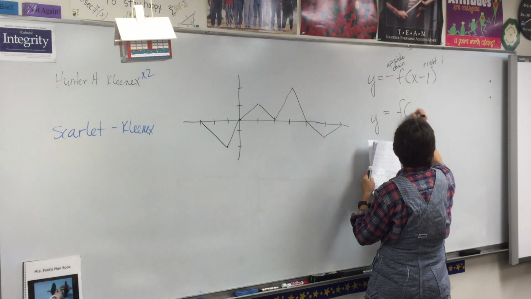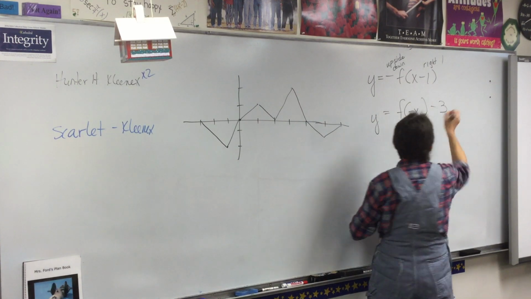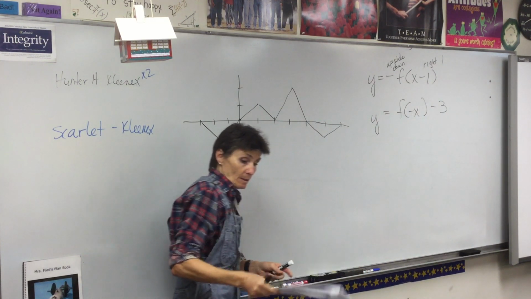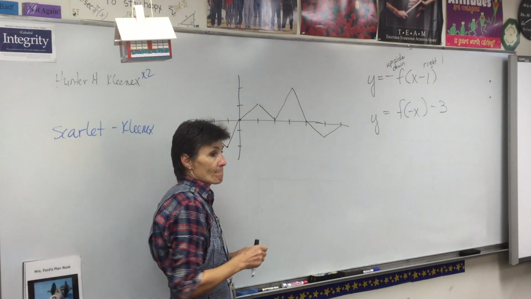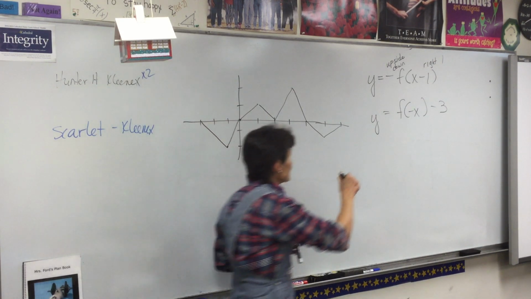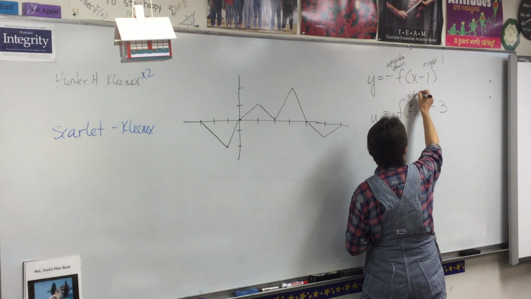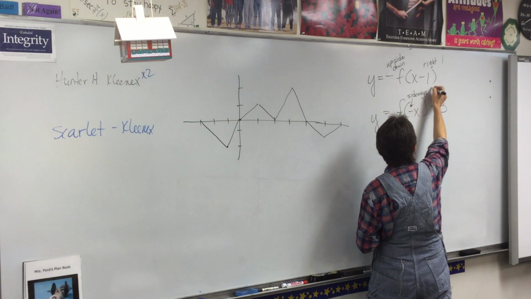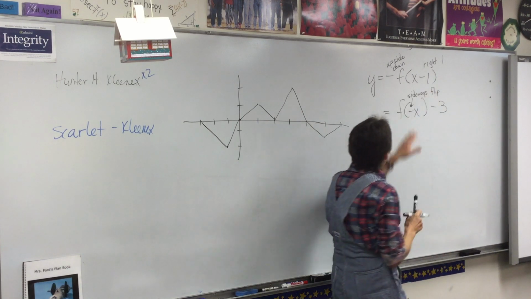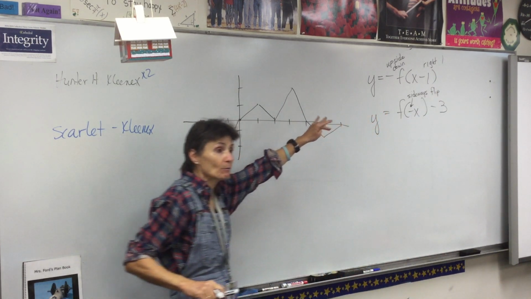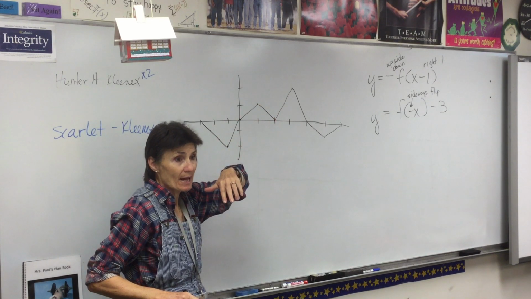What does this one do? What does this negative do? Sideways. This is a sideways flip. You have to pay attention to where the negatives are in the problem. If it's out in front, we're going upside down.